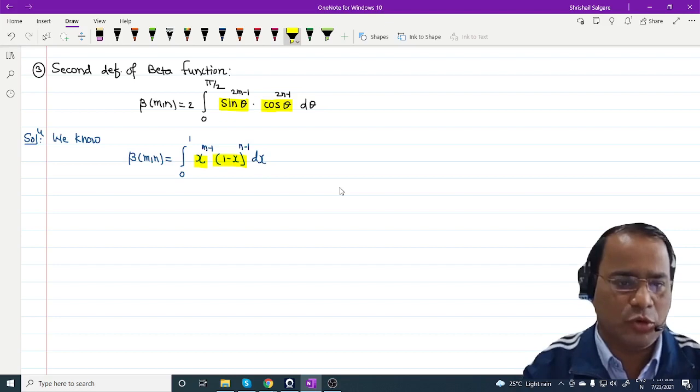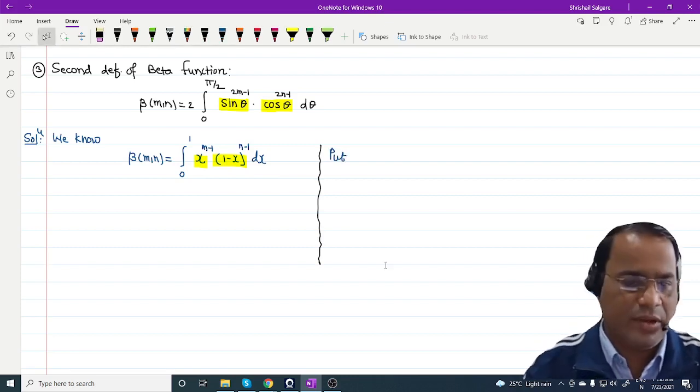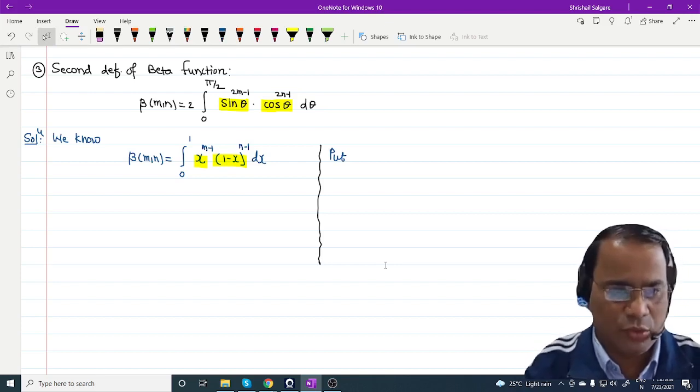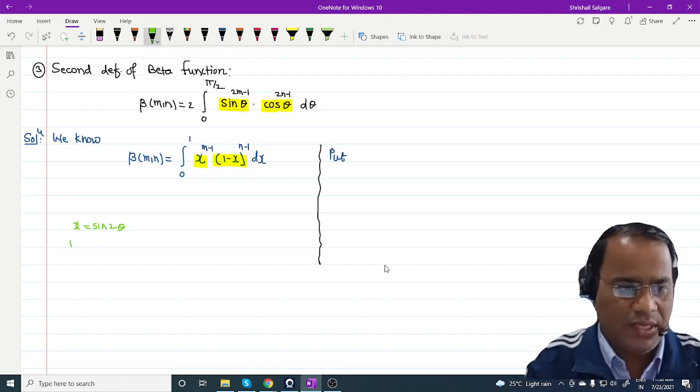This question is open to all. What will be the substitution? Once again, can you repeat your substitution? Put x is equal to sine 2 theta. Okay, your substitution I will write here. Then what is 1 minus x? It can be converted to cos? Yes, 2 cos square theta.